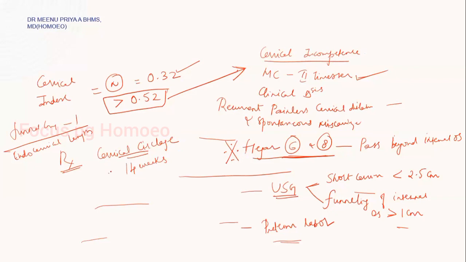It is done at 14 weeks, and the cerclage is removed after 36 weeks. There are two operations done for the treatment: one is Shirodkar's operation, and the second one is McDonald's operation.